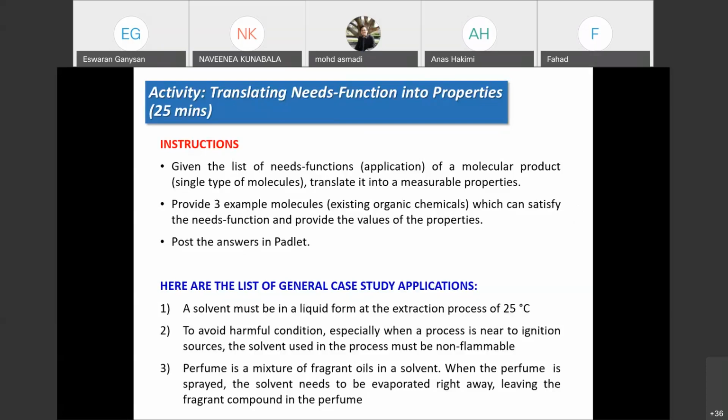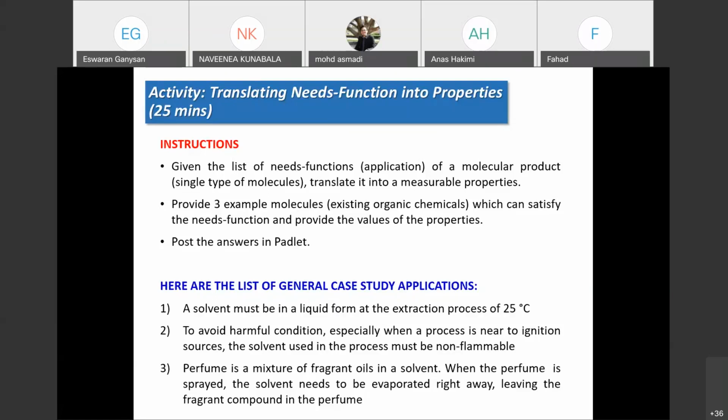So needs function is the need function. So please suggest not different than perfume.